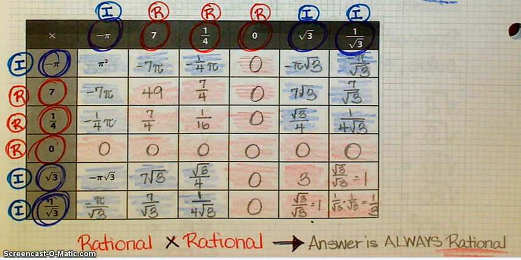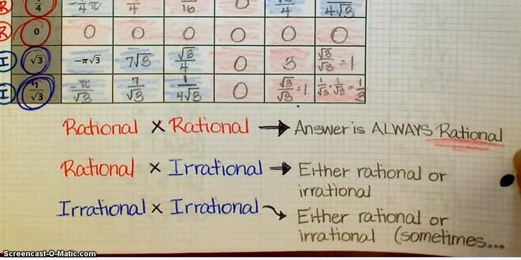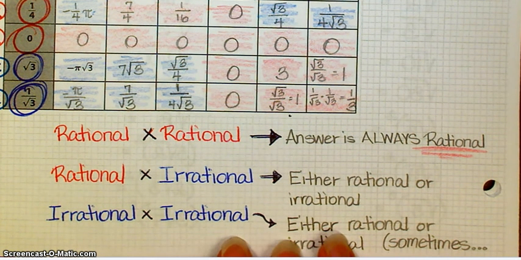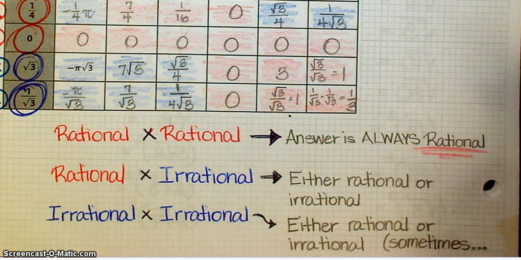So blue still stands for irrational, red is rational. Okay? And here's what you get. A rational number times a rational number is always rational. A rational number times an irrational number can be either rational or irrational.